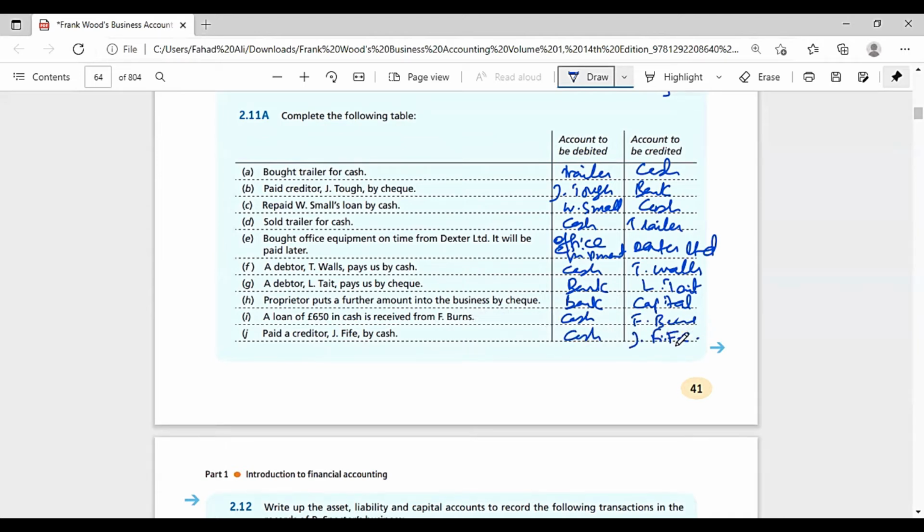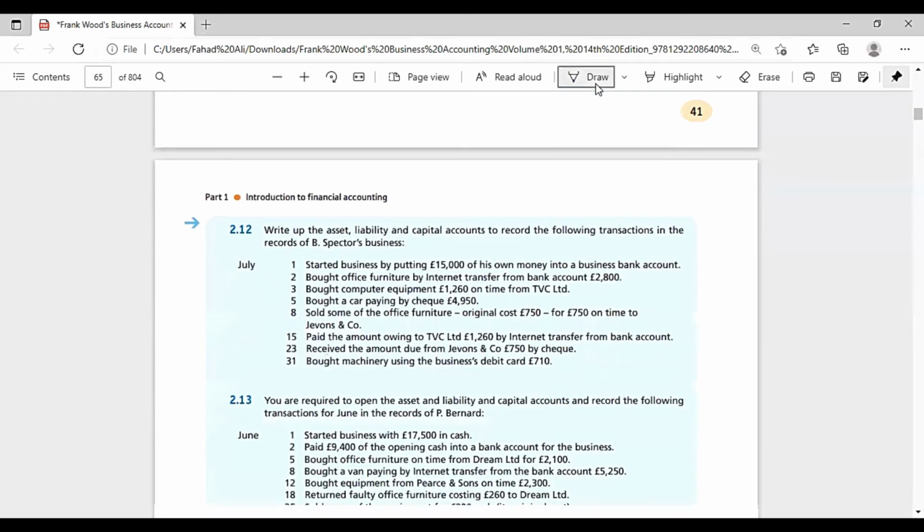No, wait. For the last one, cash is credited, because we paid him. Cash is credited. Very good. And J5 is debited. So we are done with this situation.